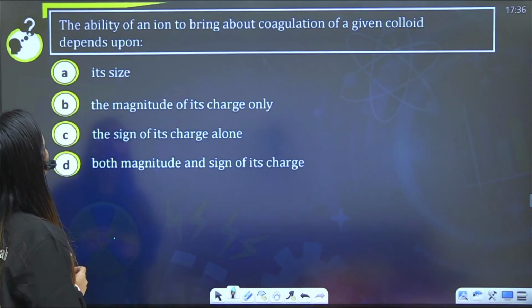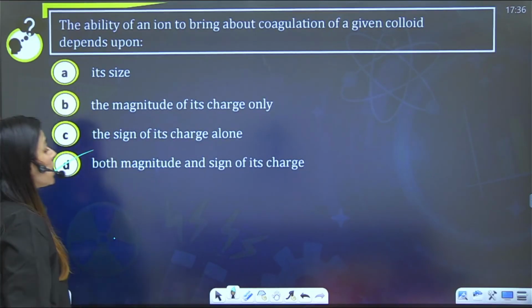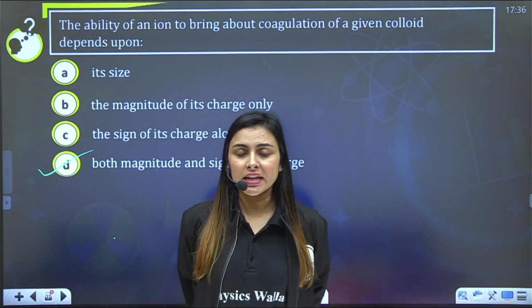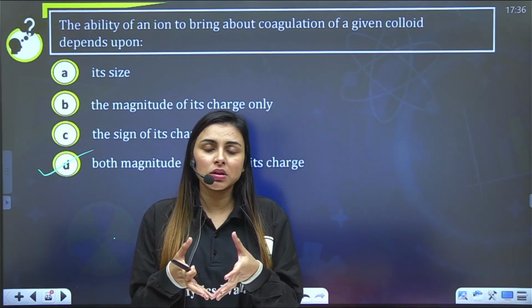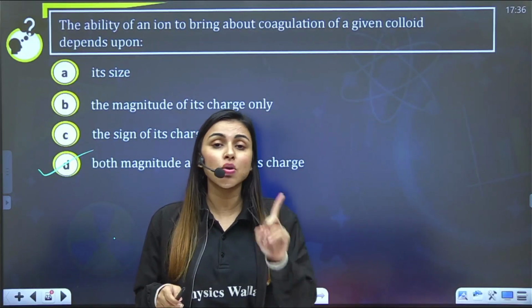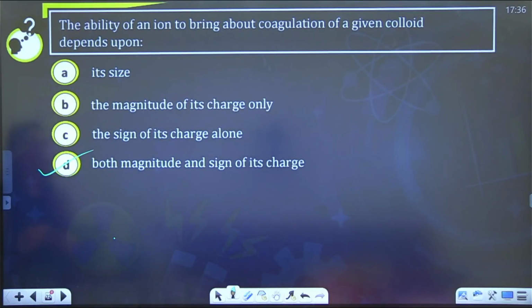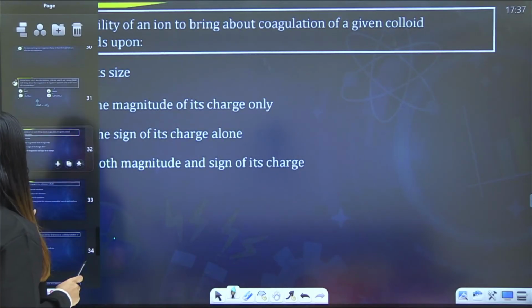So it depends on its size, the magnitude of its charge, the sign of its charge alone, or both magnitude and sign. Yes, my dear students, both magnitude and sign, because if they are of the same sign, then it will not be able to coagulate it. So we need the opposite sign and also the maximum magnitude. So option D will be your correct answer. I hope you're clear with this. Let's move forward to the next question.